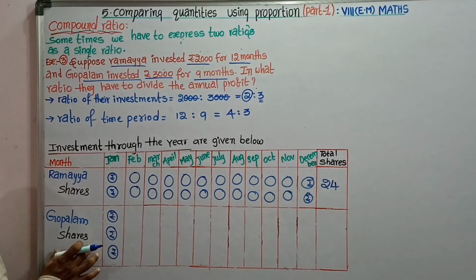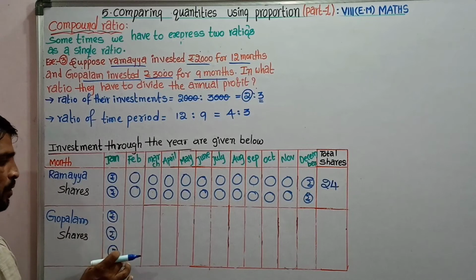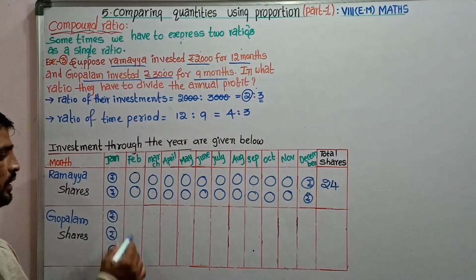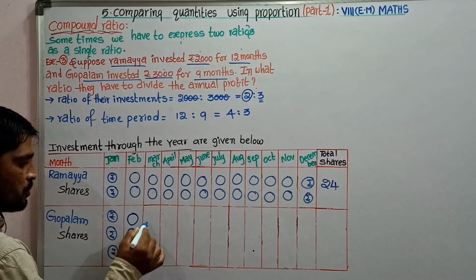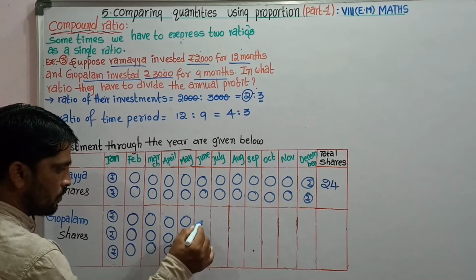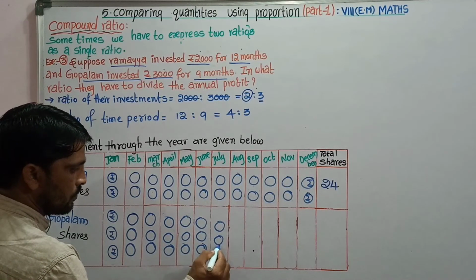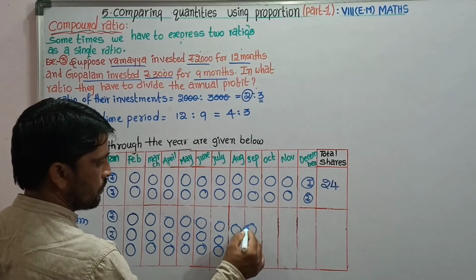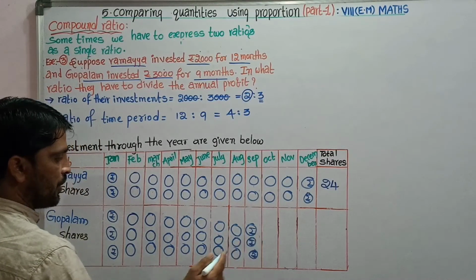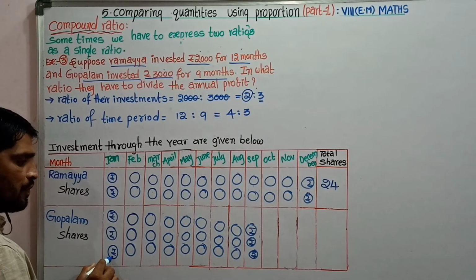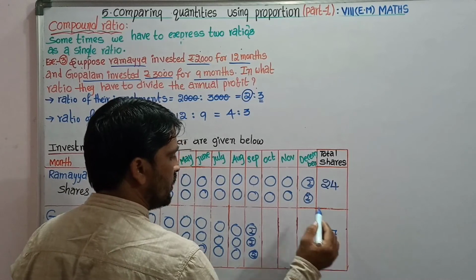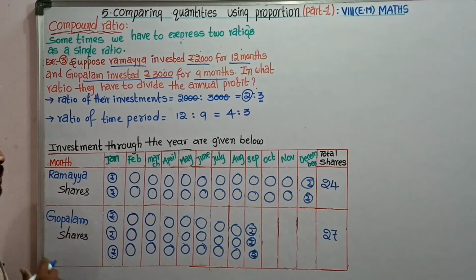And Gopalam invested 3 units of amount and he did the business for 9 months only. He invested 3 units of amount for a 9 months period. So 3 nines are 27 is the total share of Gopalam.